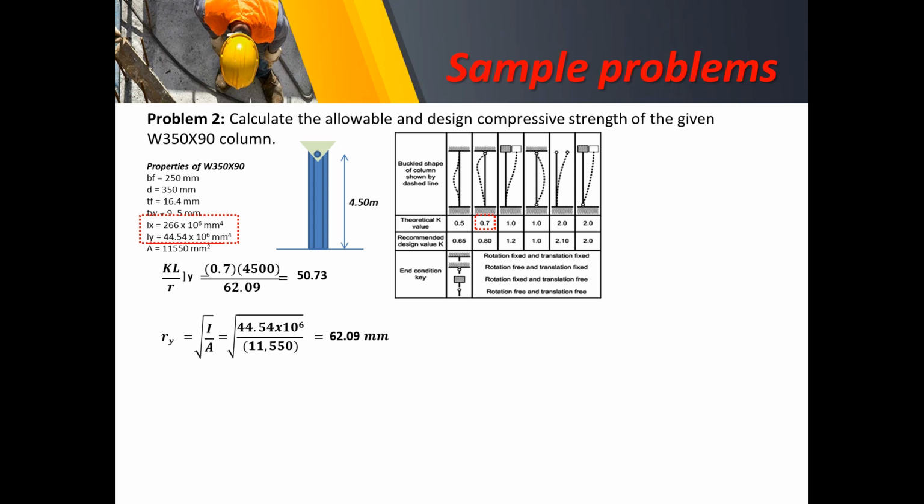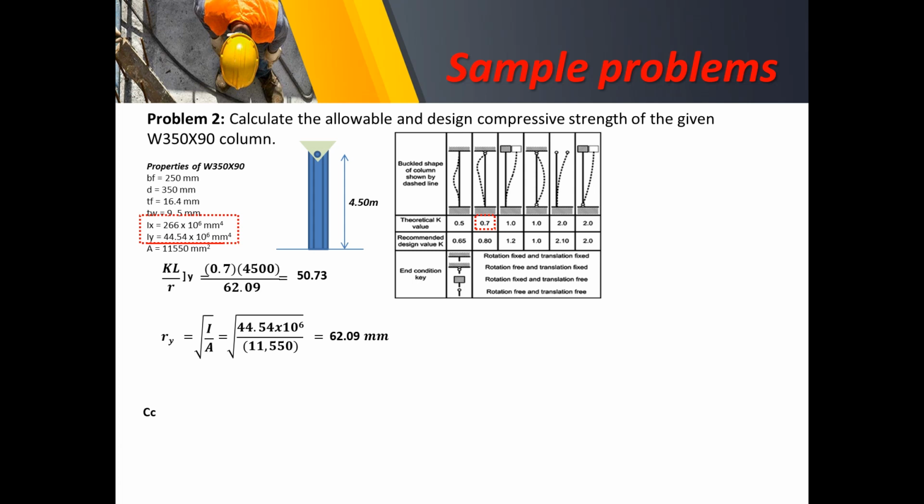Now we do not bother ourselves computing KL over r of x again, because we have already selected the lesser value of I, which is geared towards the result of a larger KL over r.